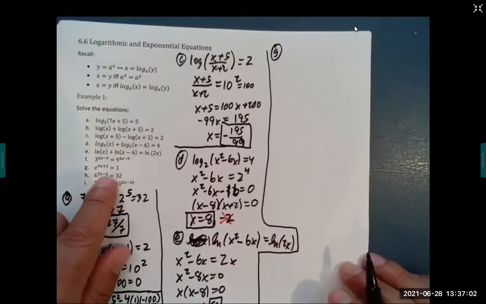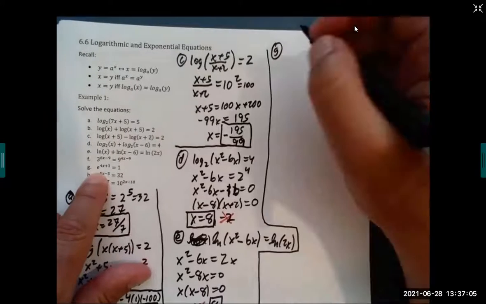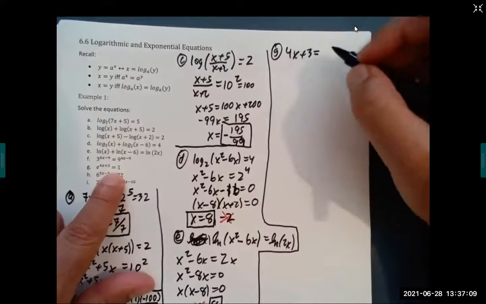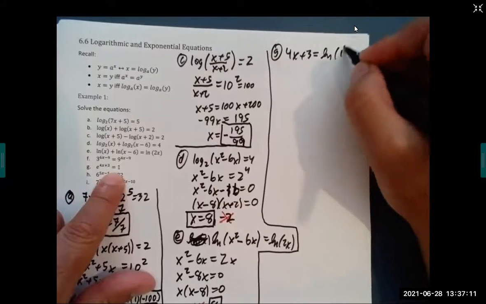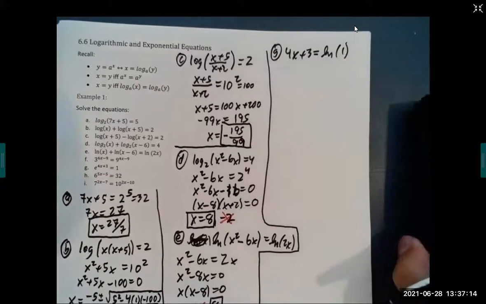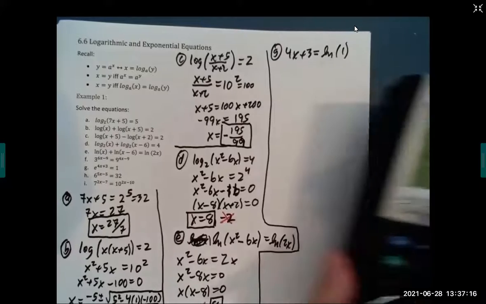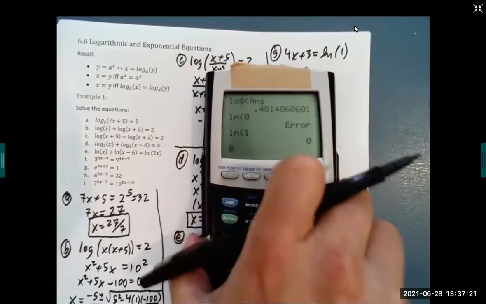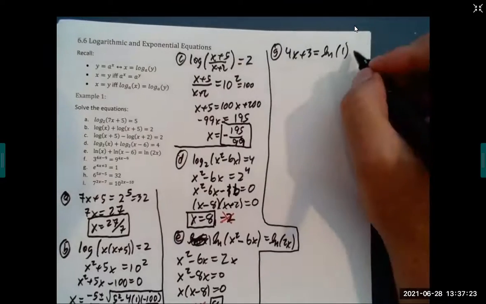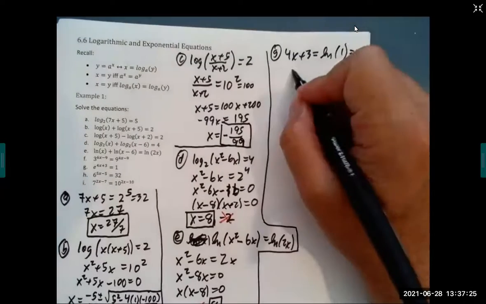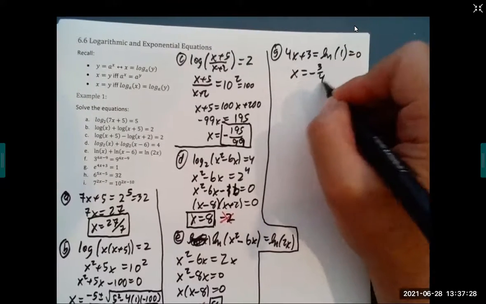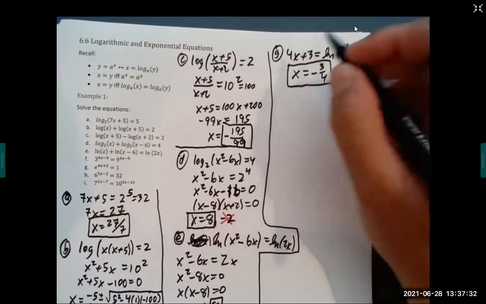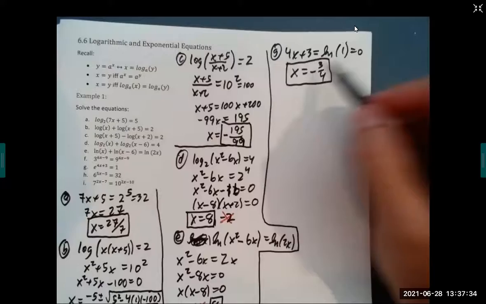You can choose whatever base you want, but because it's e here, this gives me 4x plus 3 equals ln of 1. Now here's something that's kind of cool. ln of 1 is 0. Yay. So this means x equals negative 3/4. Right, subtract 3, divide by 4.